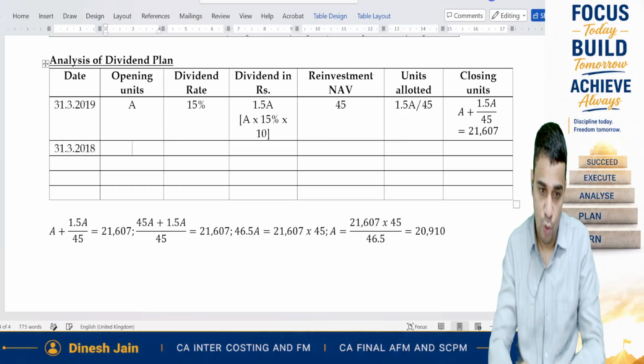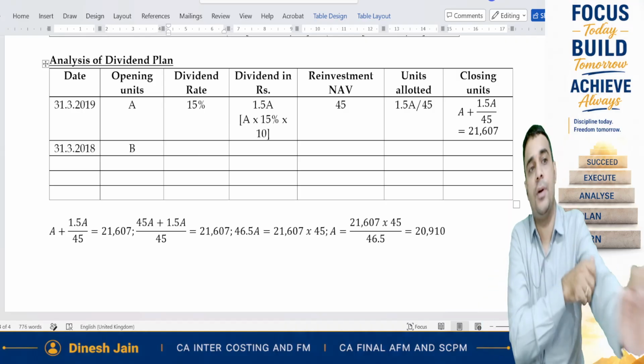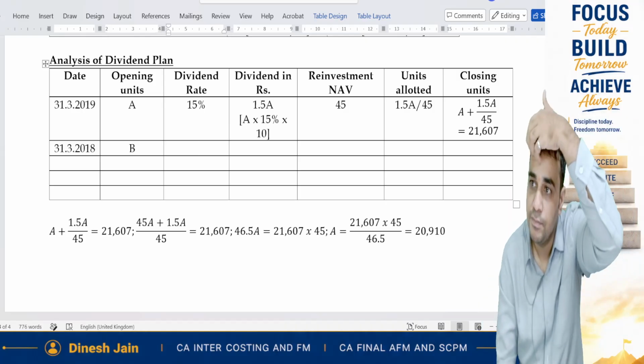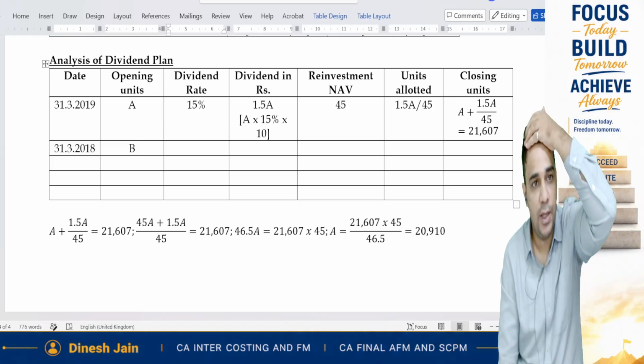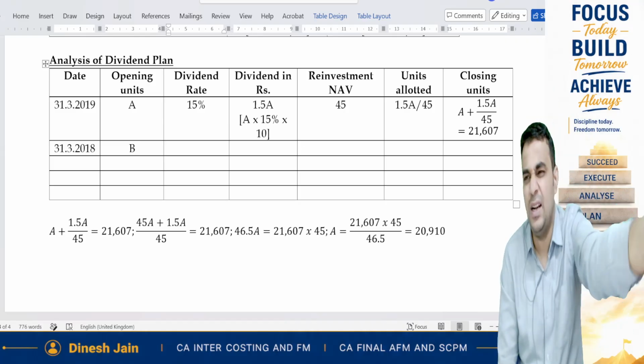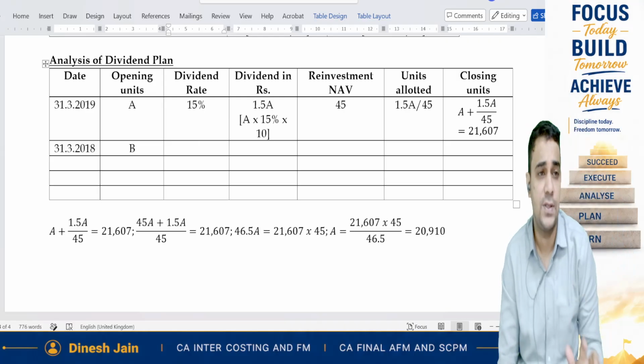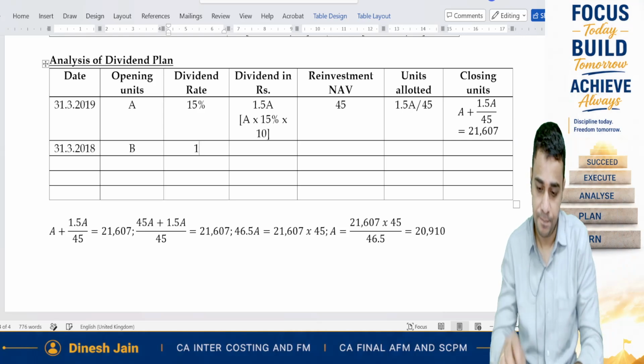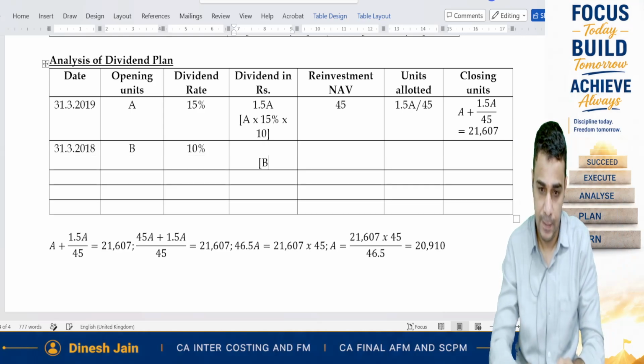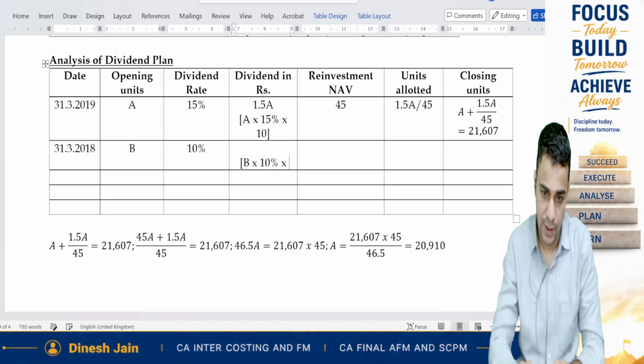When is the dividend before this? 2018. Opening units is B. Any alphabet you can take, I'll be assuming A, B and C. Once I do the third time, things will become much clearer. The rate is 10%, so the dividend is B into 10% into 10.